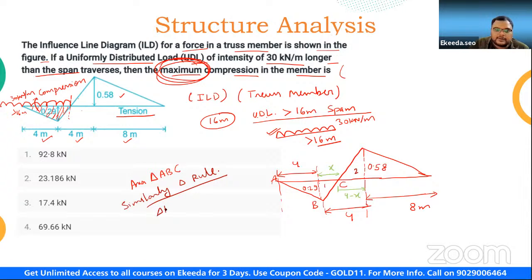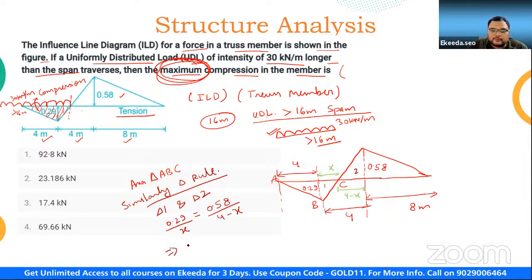So in triangle 1 and triangle 2, I will say that this 0.29 upon X is going to be equal to this 0.58 upon 4 minus X.